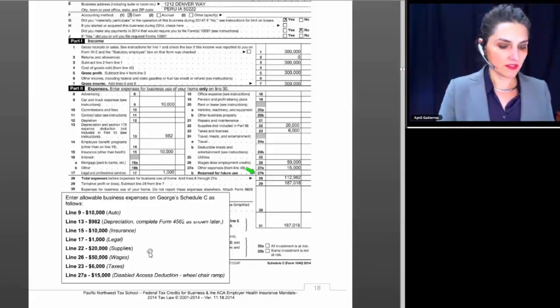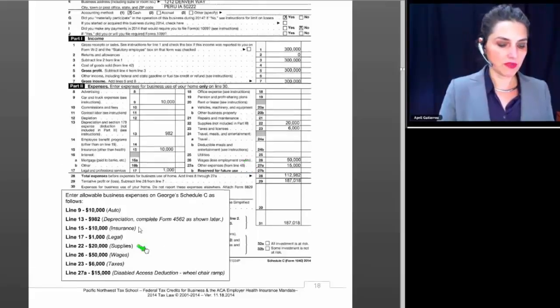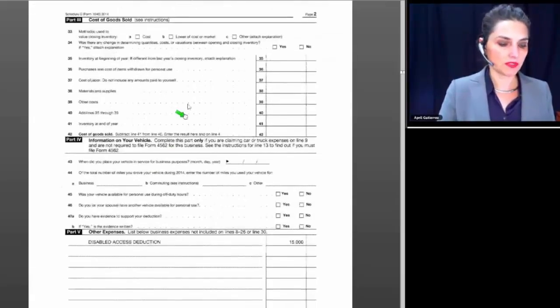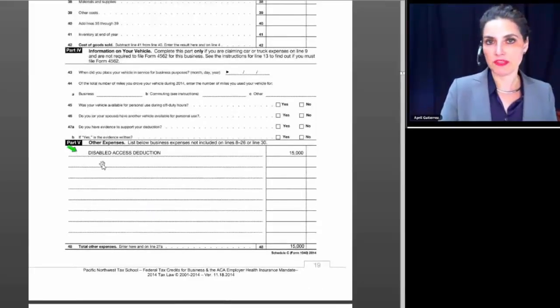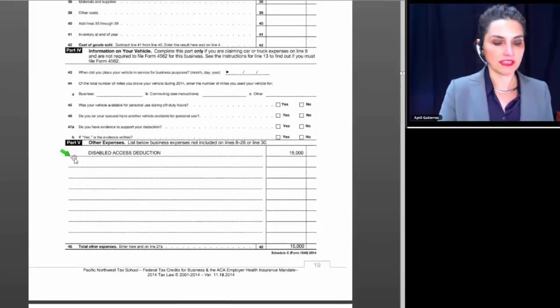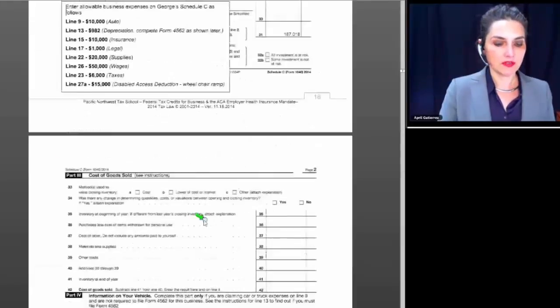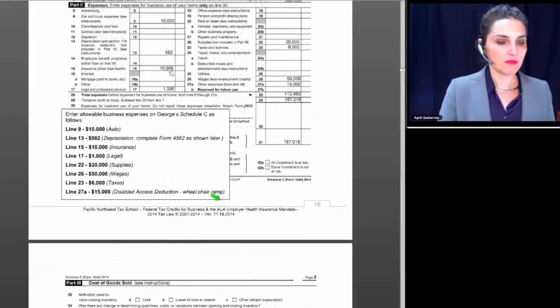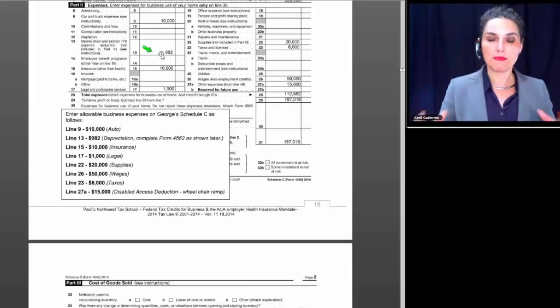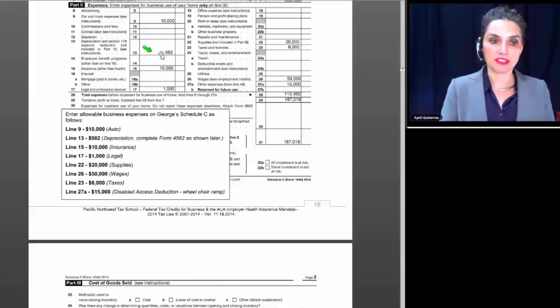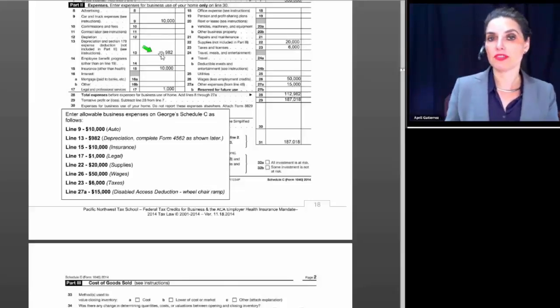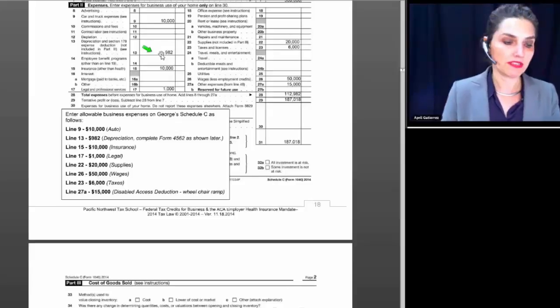And in order to get to the amount that we enter on line 27, we actually have to go to page 2 of Schedule C. On page 2 of Schedule C, you can see that we are claiming a $15,000 deduction that's called the Disabled Access Deduction. And so that deduction is being claimed, but then what we're left with is the basis in those access improvements is going to be reduced by the amount of credit he's claiming and by the amount of deduction he's claiming. We then figure depreciation on the residual balance of basis that's left.